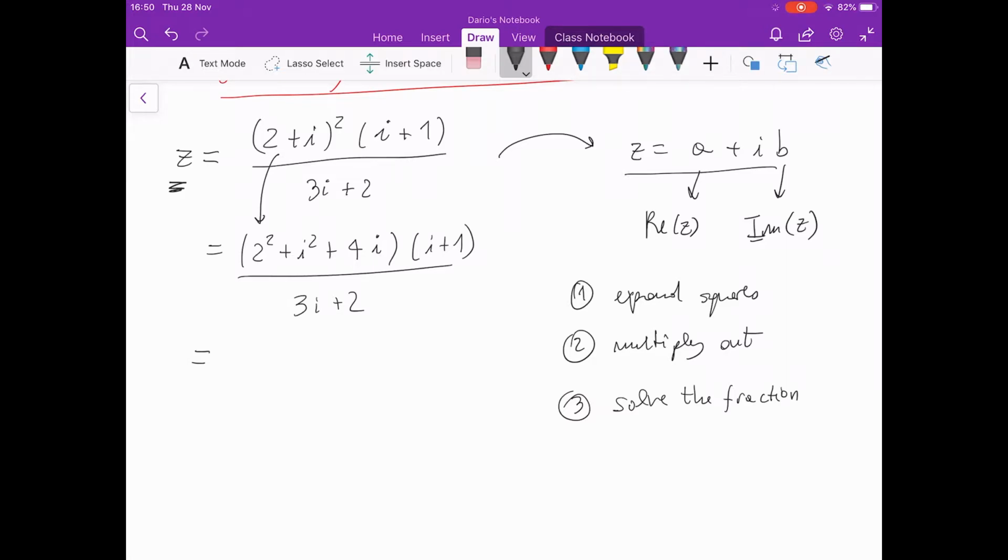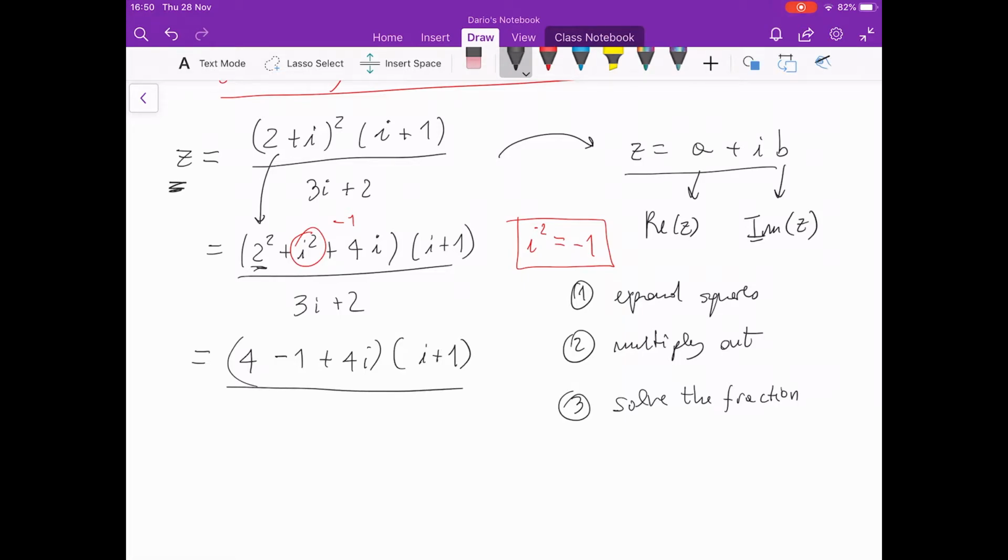Then we use the fact that i squared is equal to minus 1. So that's the first thing that we need to use in this type of exercise. So when we rewrite the square, we get 4 because that's 2 squared, minus 1 because i squared is minus 1, and then we've got plus 4i, and this multiplies i plus 1.